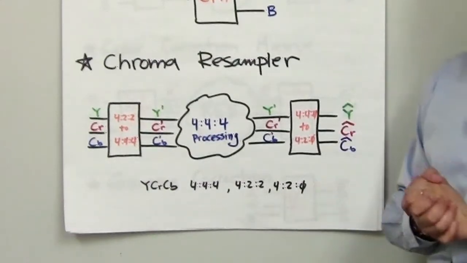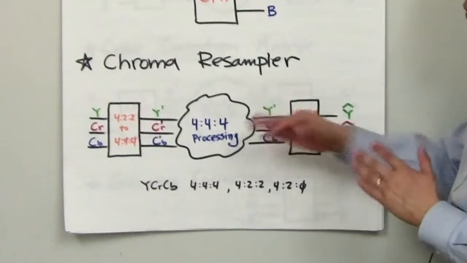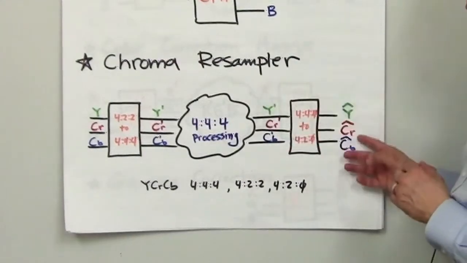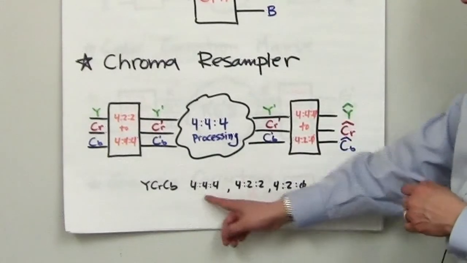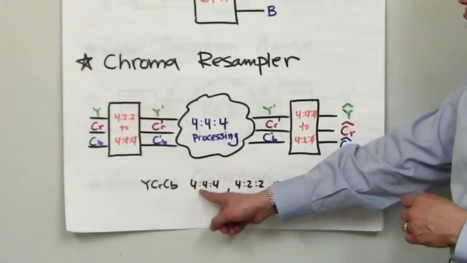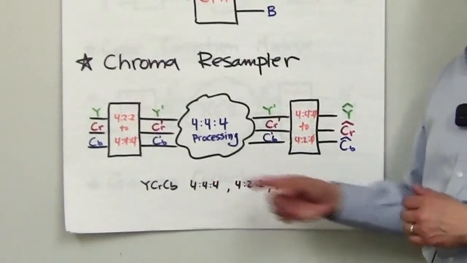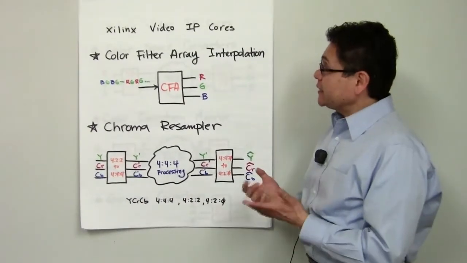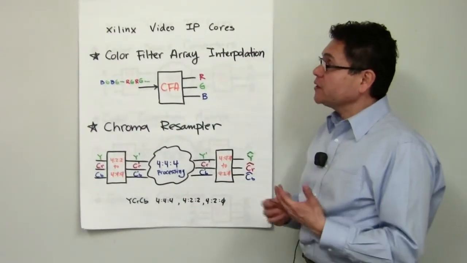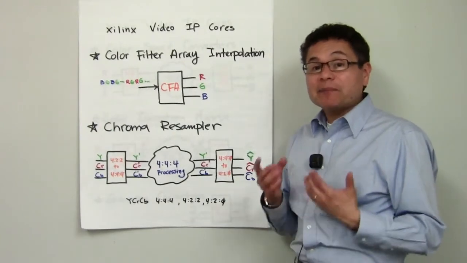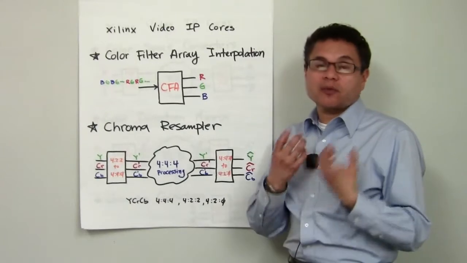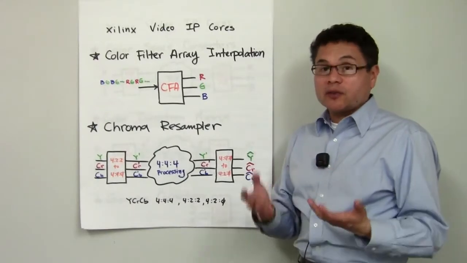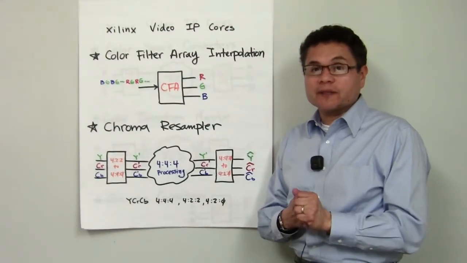Either way, this example is just one of many where you could go from one of the domains to another one. For instance, from 444 to 422 or 420 or vice versa. This shows the range of flexibility that you are allowed because of this choice of IP that is already done for you to address all of these different color formats.